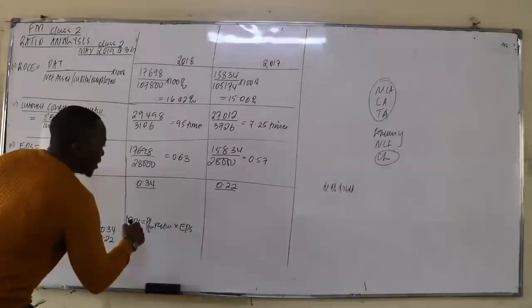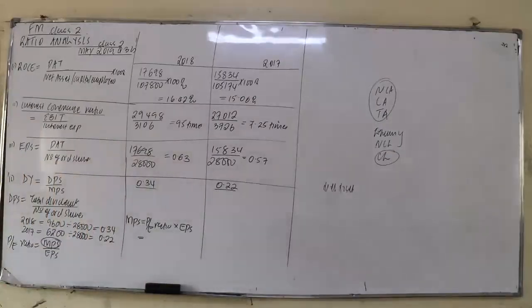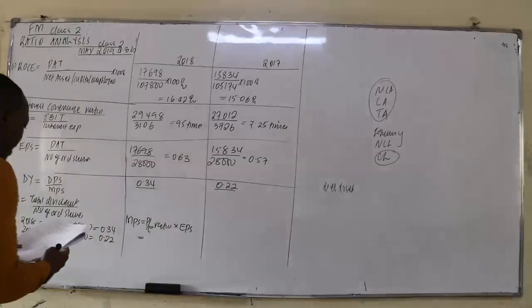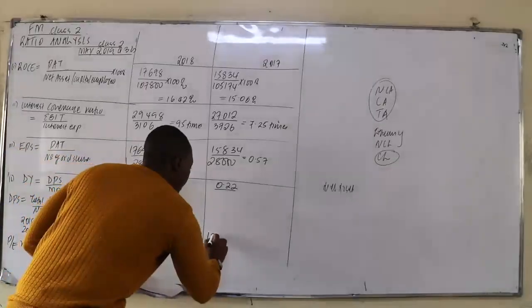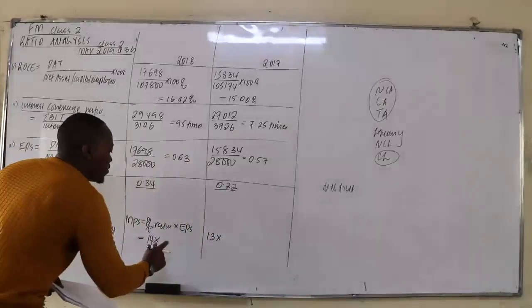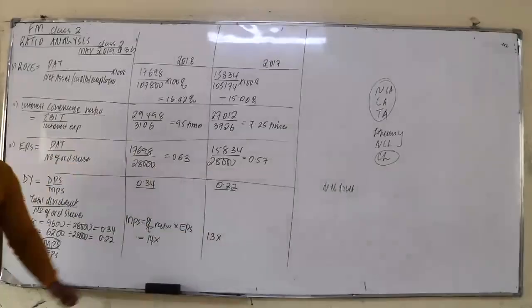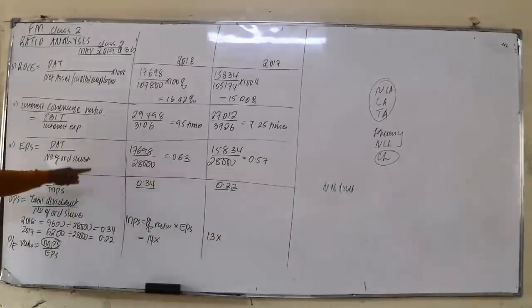How much is the price earning ratio for 2018? Remember, you are measuring the performance of the company, not of the industry. So you take the price earning ratio of Hakika Limited, not the industry. We have 14 times, and here 13 times. Then you multiply by the earnings per share. If your earnings per share was wrong, this one will also be wrong.